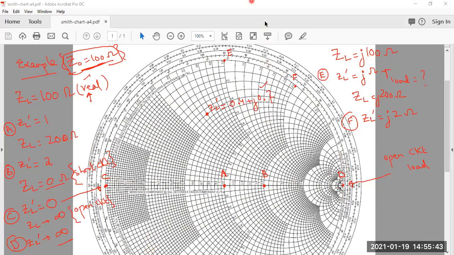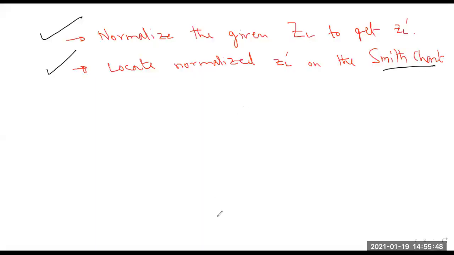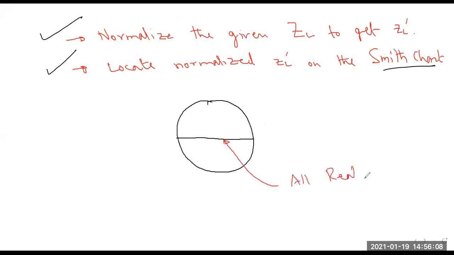So let me summarize this discussion. This is the outermost circle, and this is the horizontal line. So what I have concluded from this whole discussion is that this line is for all real impedances.